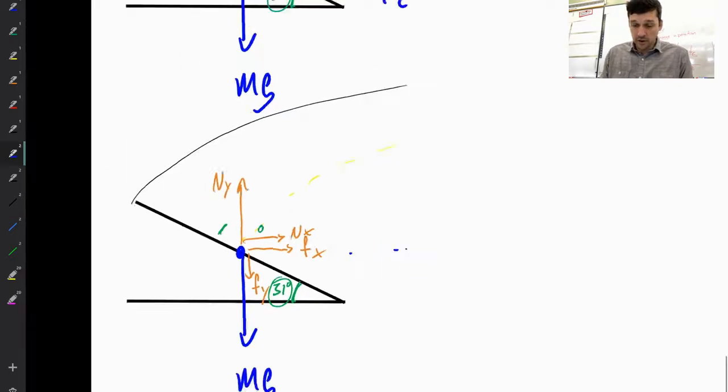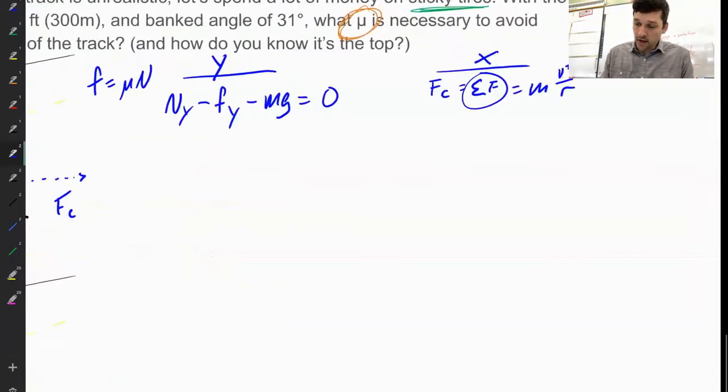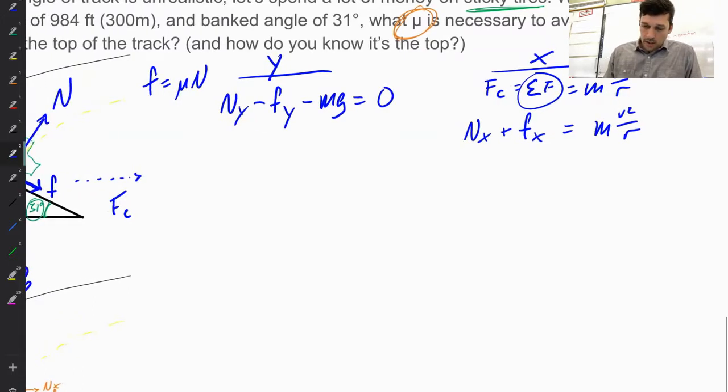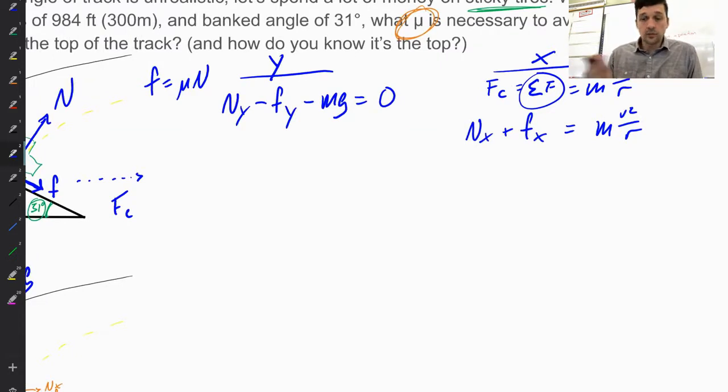Plus some friction, preventing you from sliding up the track. So we've got the normal force in the x direction plus friction in the x direction equal mv squared over r. We're going to make one substitution in just a minute. Let's first figure out what these components are and get some expressions for those.